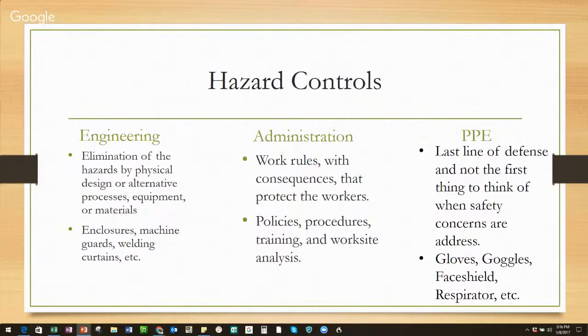You may have a control center on one side and the point of operation on the other side of where the worker is. Or you actually have the worker away from the hazard. You engineered that out. You engineered a way to protect your worker.